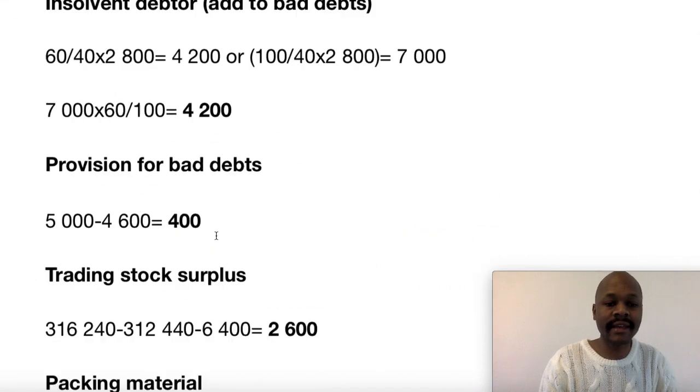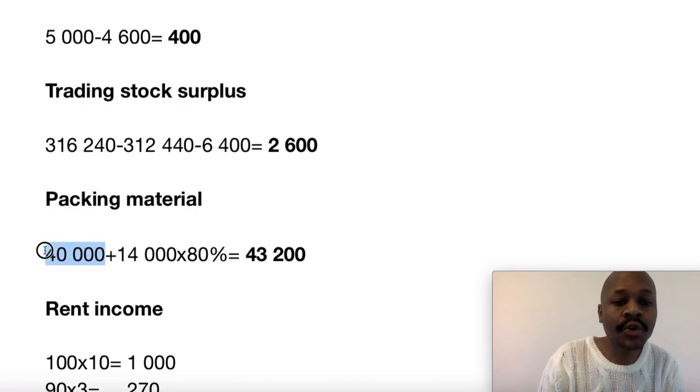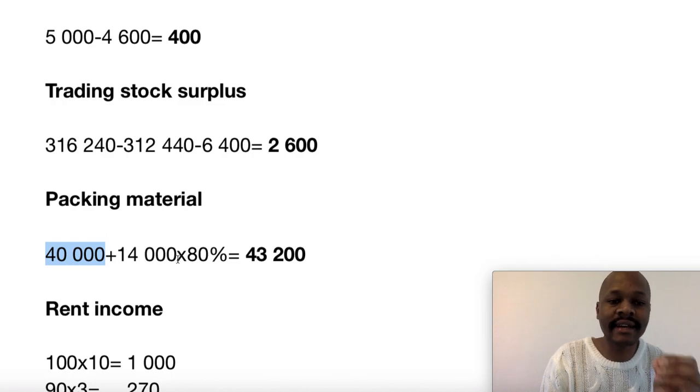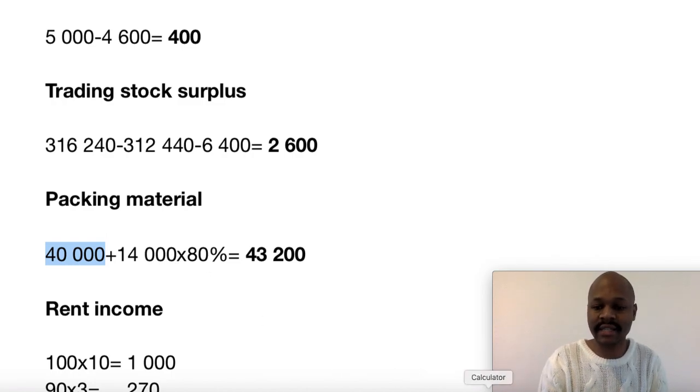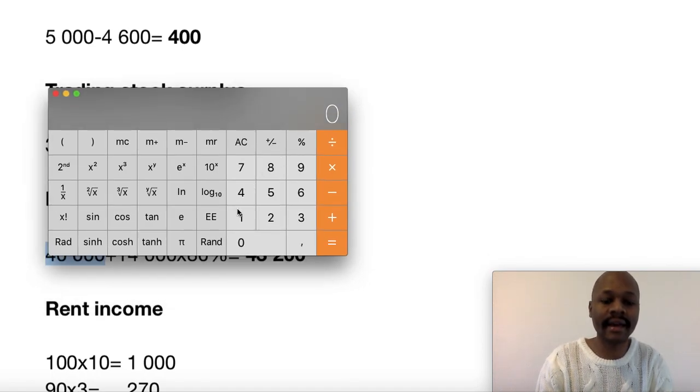We'll simply say 40,000, which you did not record, plus 14,000. It gives you how much? Let's take out our calculator. It gives you 54,000 there.